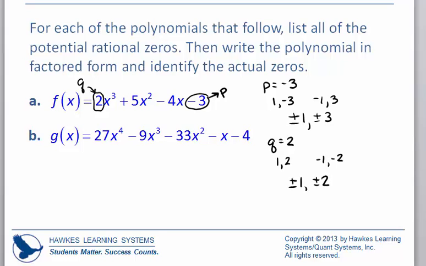And so what the rational zero theorem says is that if we have a zero for our function, then it must be of the form p divided by q. So we need to look at all possible ways to make fractions by putting a p-value on the top and a q-value on the bottom.